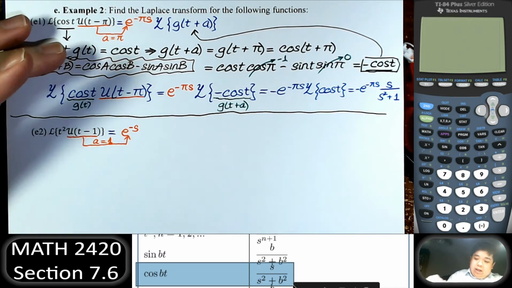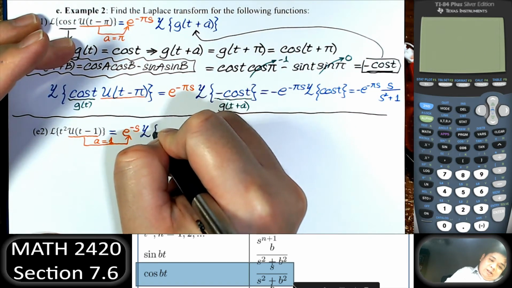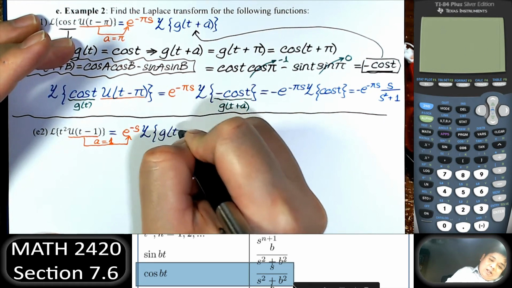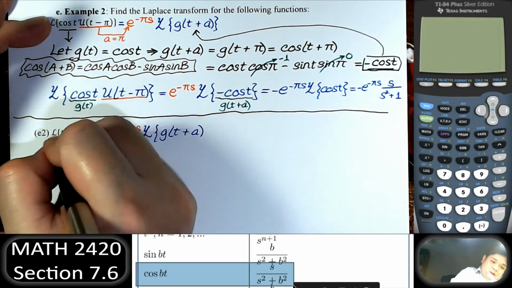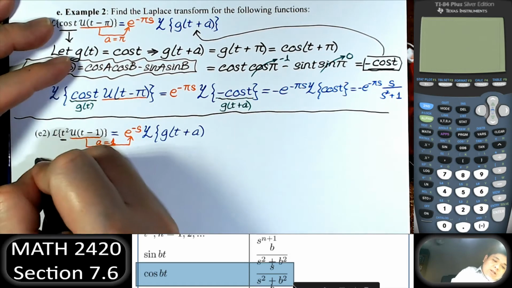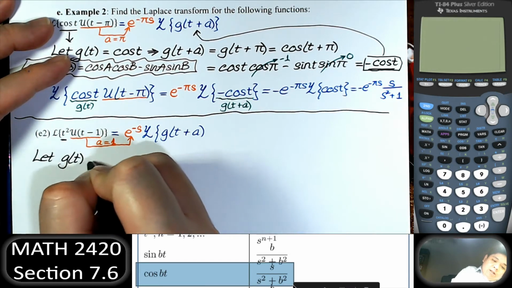Right, and then what's left is just the transform of g of t plus a. So we need to know what is g of t plus a, where this is g of t. So let g of t be t squared.